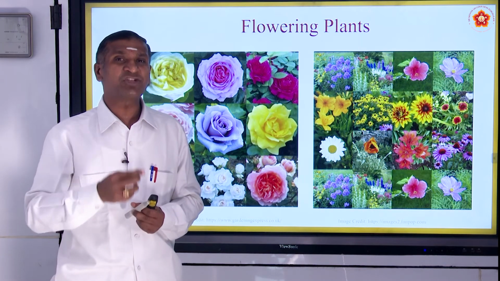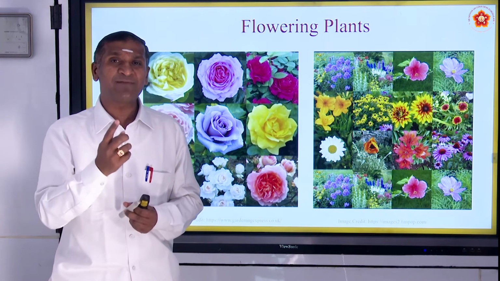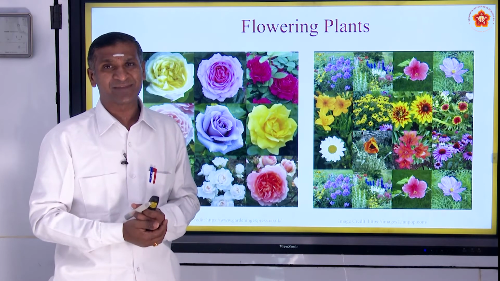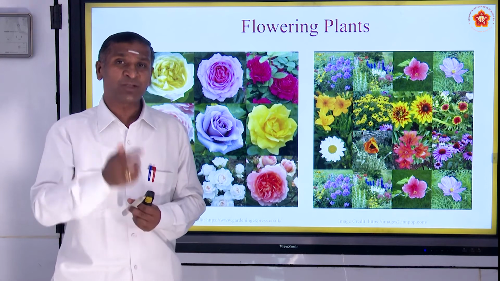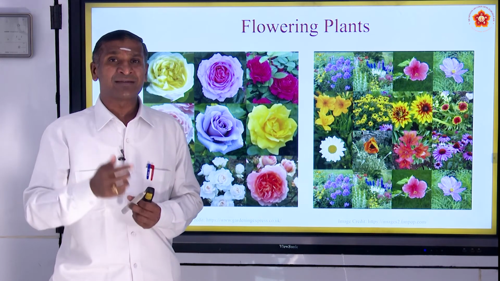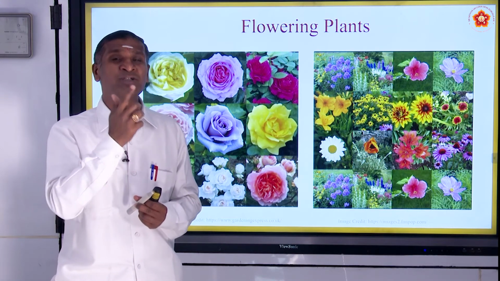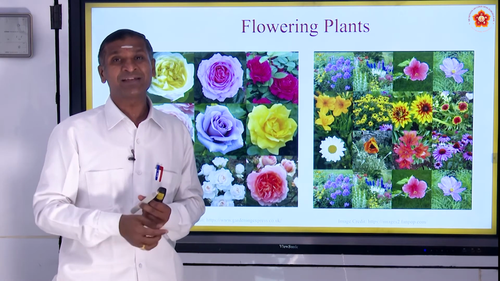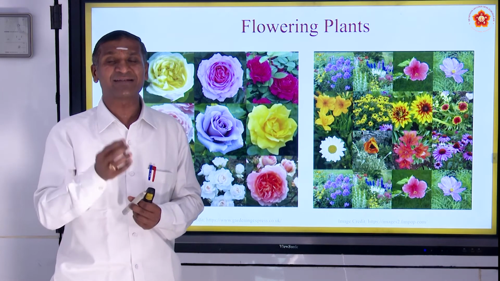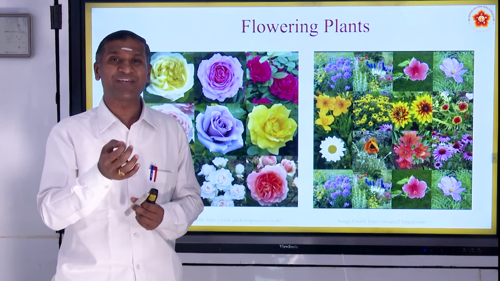The flower teaches us our aim should always be high. It is seeing towards the sky, which symbolizes that we all should turn towards God. Keeping God in the center of our activities, success is always ours.